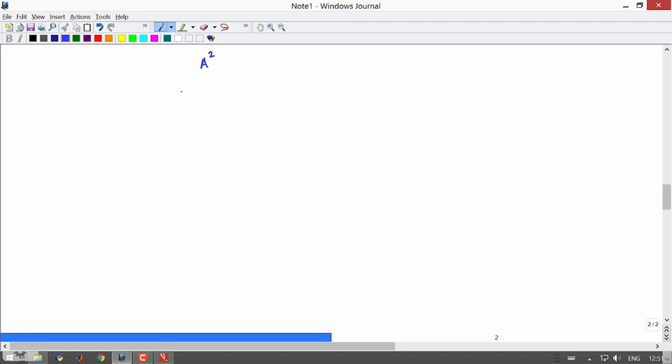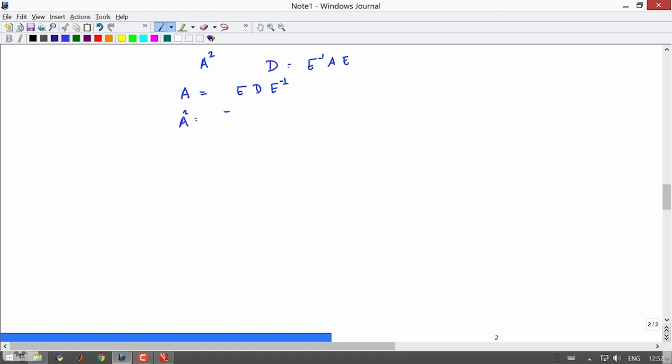So what was the expression? We had D equal to E inverse A E. So I can equivalently write this as A equal to E D E inverse. So what is A square?